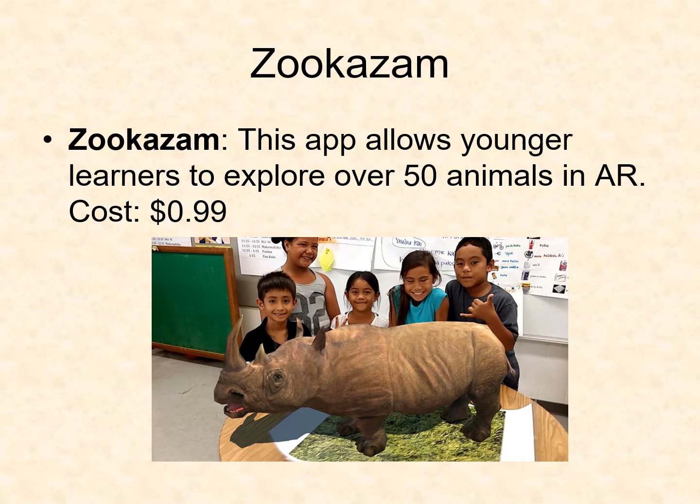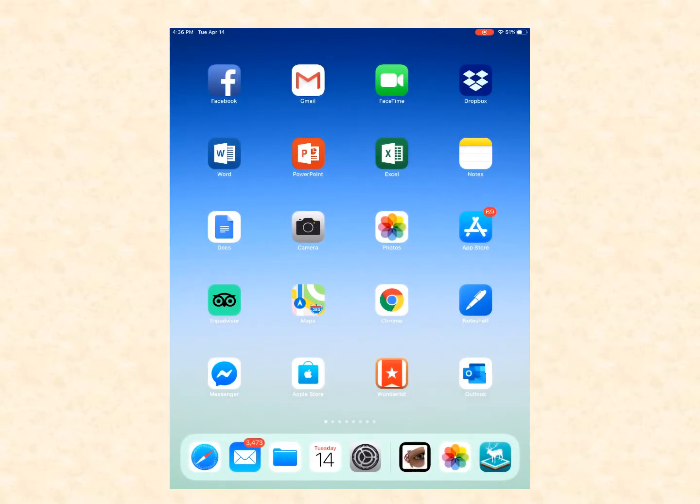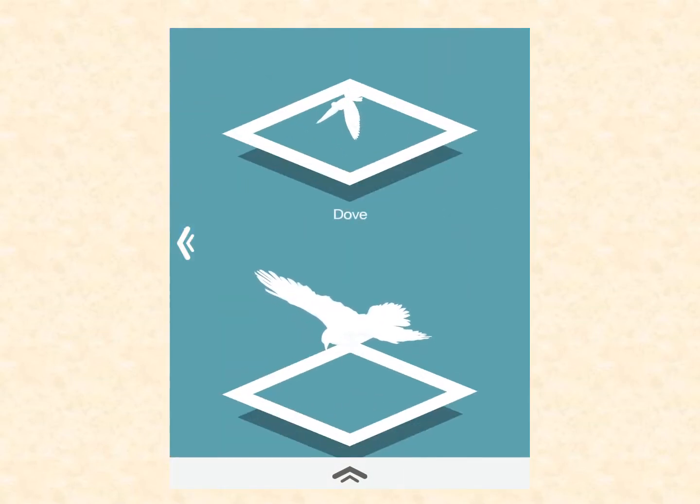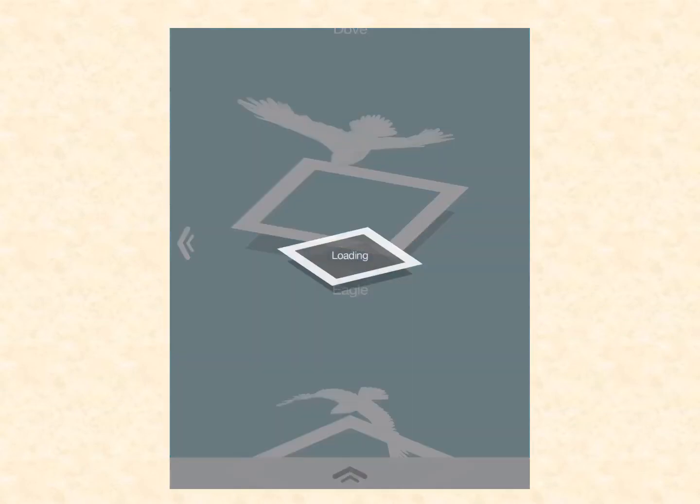Zoocasm is a very inexpensive app that allows younger learners to actually see animals in their own environment in reality. Let's take a look at that. Using Zoocasm, let me bring some animals to life in my kitchen. Start with an eagle.